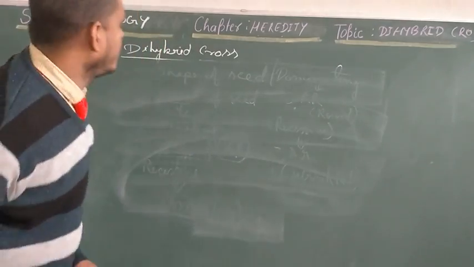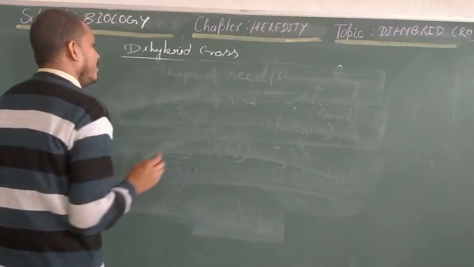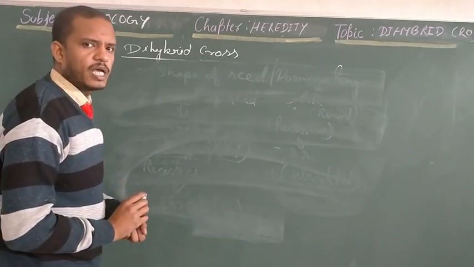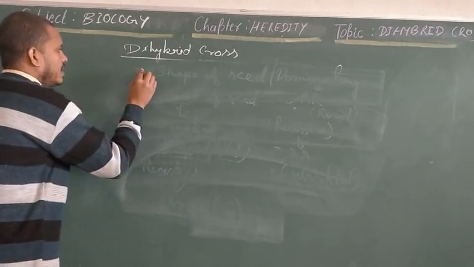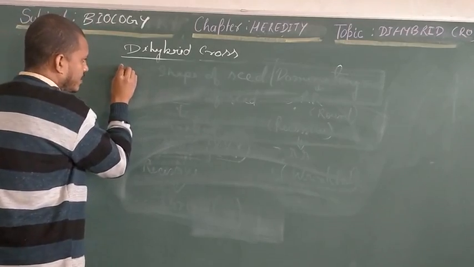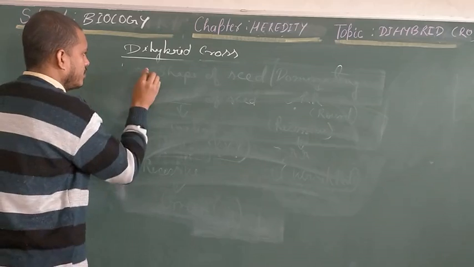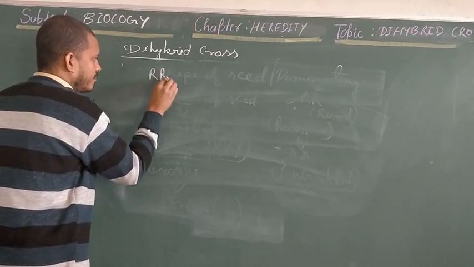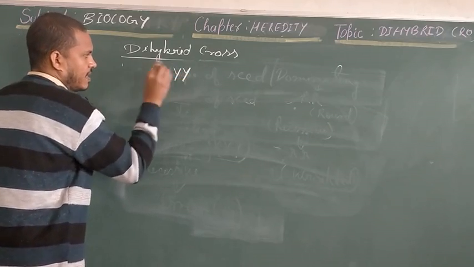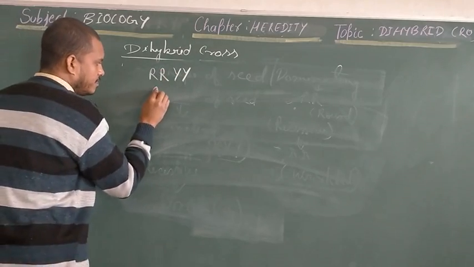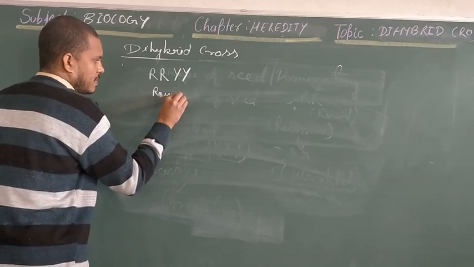In the last class, I told you that Mendel chose homozygous parents. One is homozygous dominant and the other is homozygous recessive. So one parent, P1, is capital R, capital Y, that is round yellow.